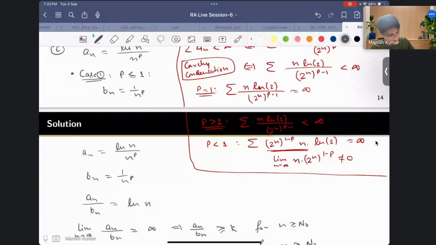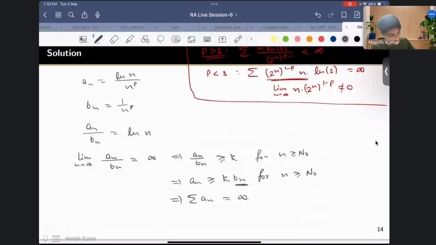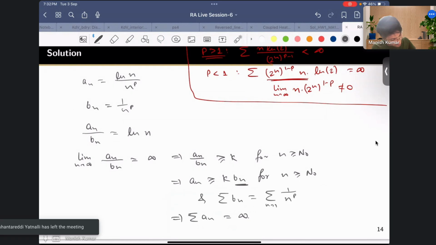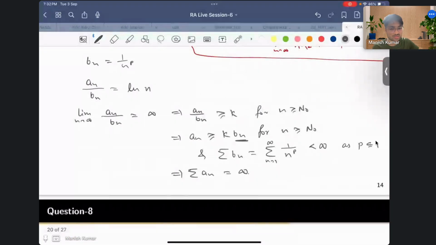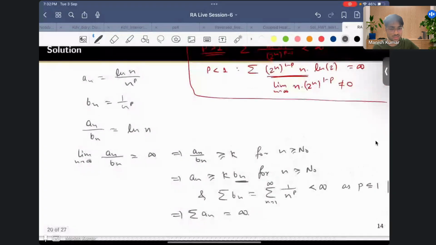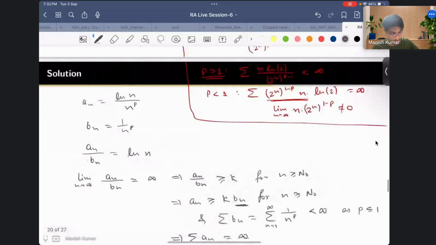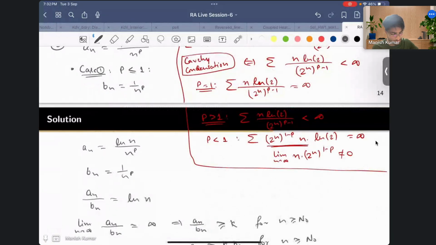And now you know that summation bn, which is equal to summation 1 by n raised to the power p, is divergent as p is less than or equal to 1, and so this implies an is divergent. So the proof is not different, it's the same. So this was the case.